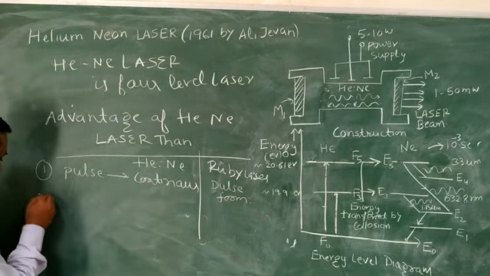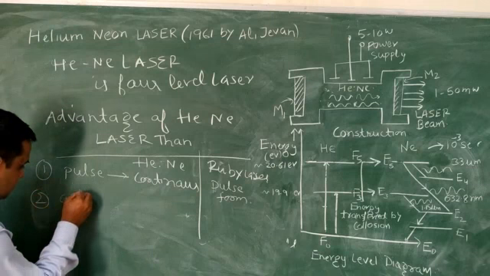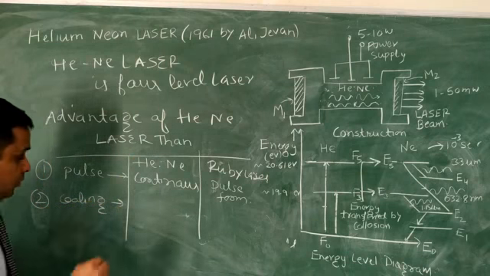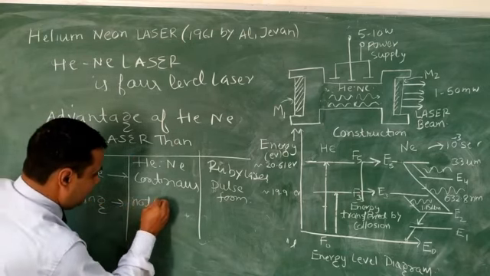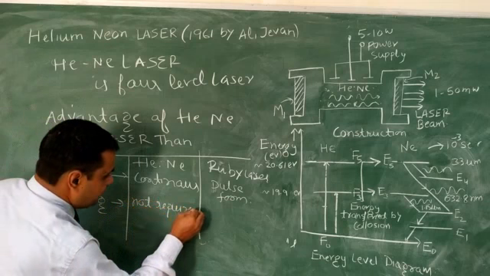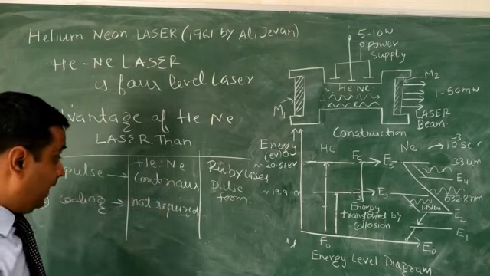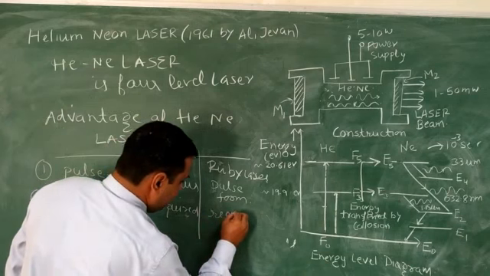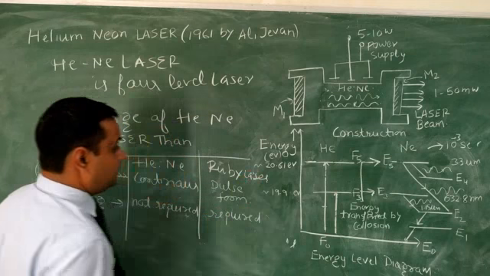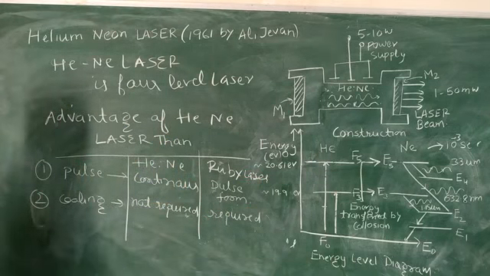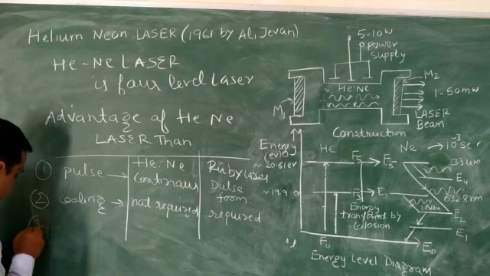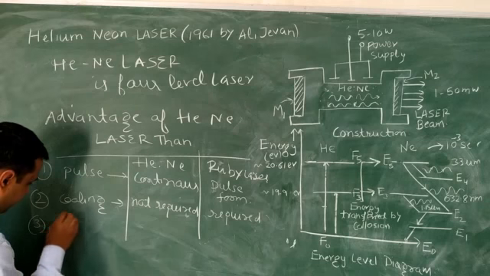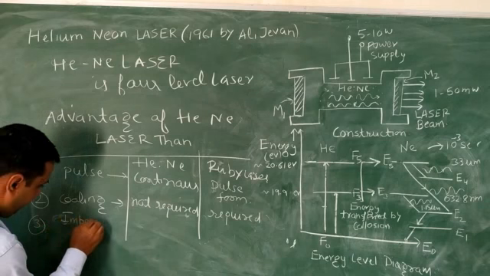Understand? Second is the cooling method. Helium neon does not require any cooling mechanism. That's why the cost of the helium neon laser is very low, and for the ruby laser a cooling mechanism is required. And third, imperfections.